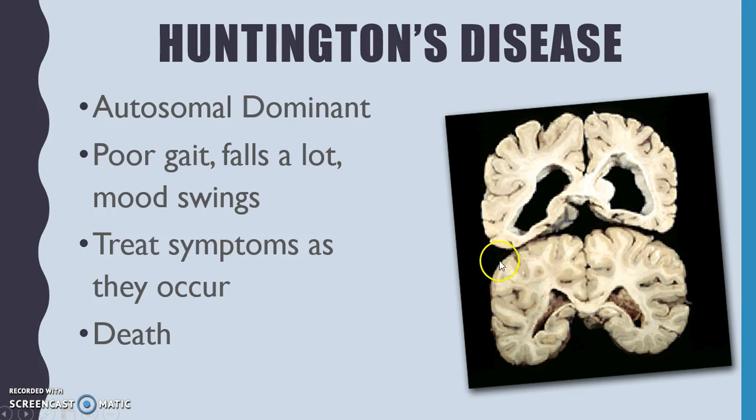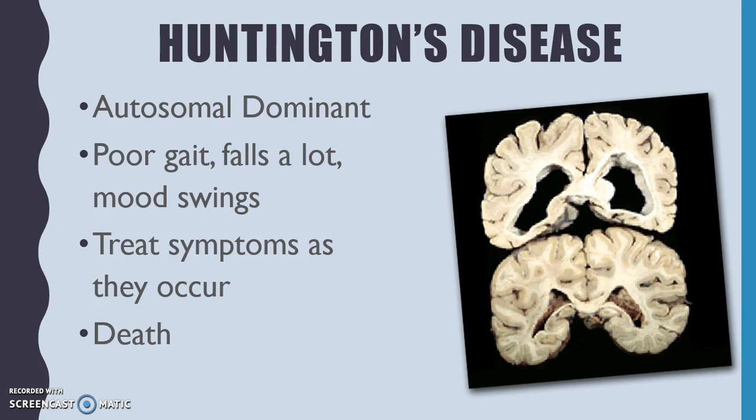You will also notice that the folds in each of the hemispheres of the brain are also quite exaggerated. And that's because Huntington's disease is a neurological disease and it causes a deterioration of the brain. And since your brain is responsible for controlling your bodily functions, including your motor abilities and your personality, it makes sense that drastic mood swings would also be included in some of the symptoms.